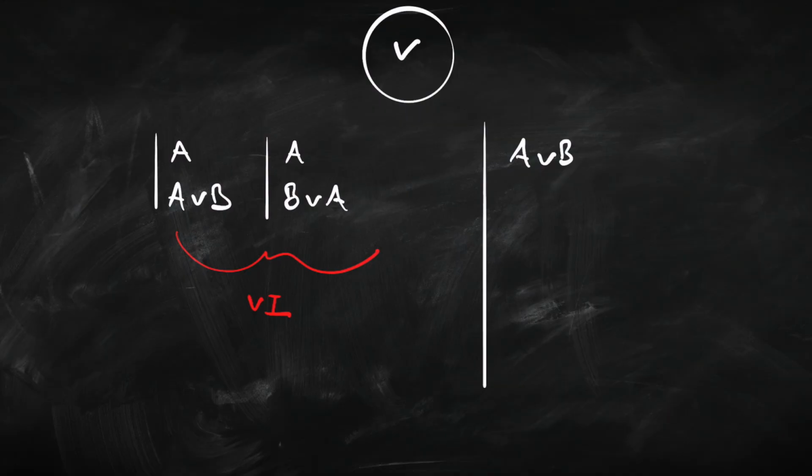So what we can do is, in effect, a bit of side working with some embedded subproofs. Okay, so we know that either of A or B is going to be true.